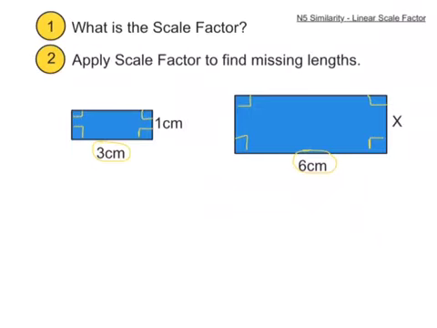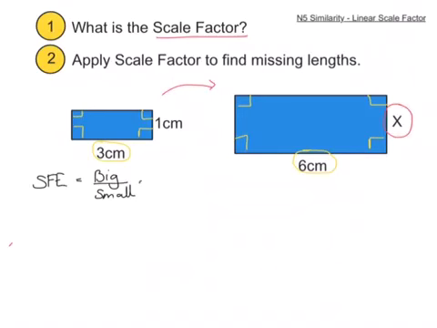The first thing we're going to do is calculate the scale factor, and because the unknown, the x, is on the bigger rectangle, we're obviously going in this direction, going from small to big. And we're getting bigger, so it's a scale factor of enlargement. Okay. To do that, all you're doing is big divided by small.